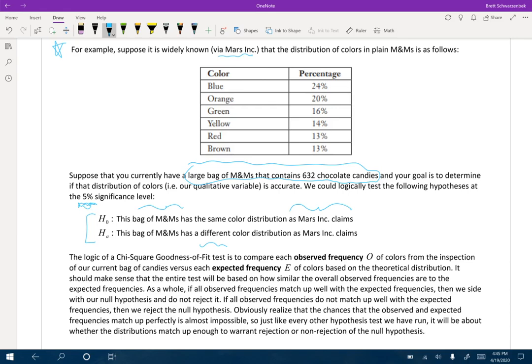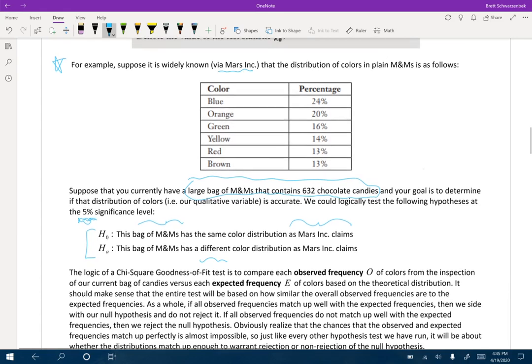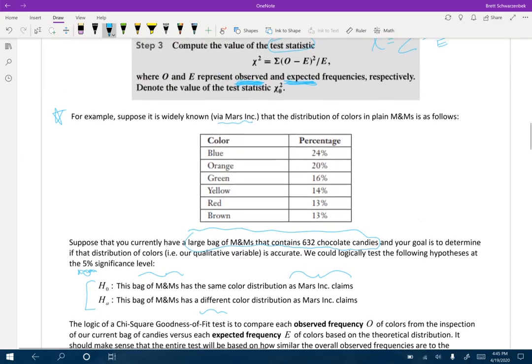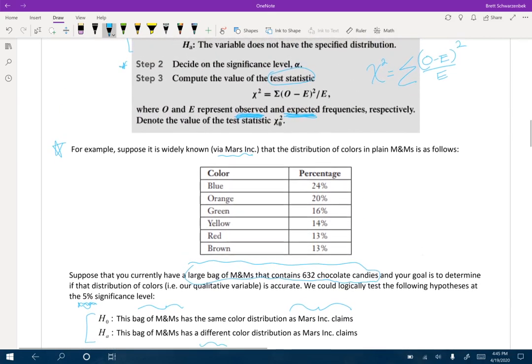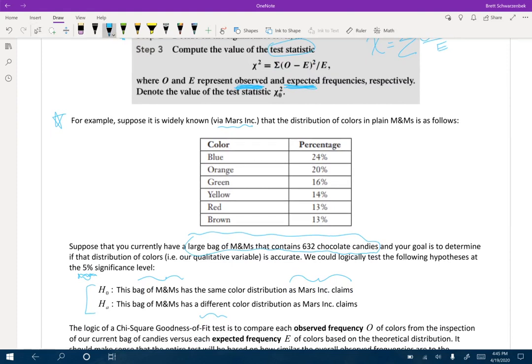Now, worth noting here, just backtracking a little bit, that in most of the tests that we run, we usually have a listing of data, specifically quantitative data. If you look at what we have here, we do not have quantitative data anymore. So what would our data look like? Our data would be blue, blue, orange, green, yellow, green, orange, red, brown, brown, blue.